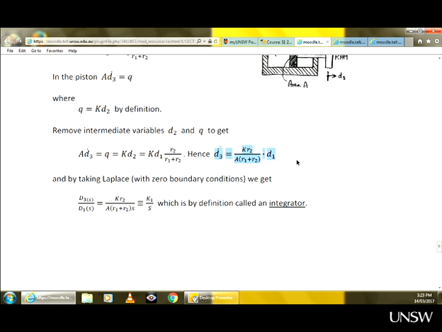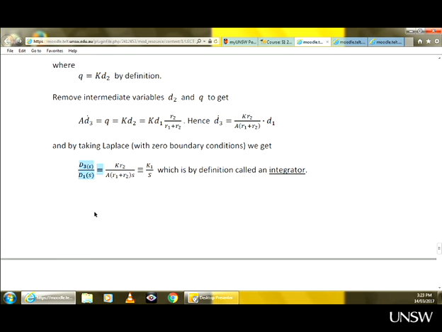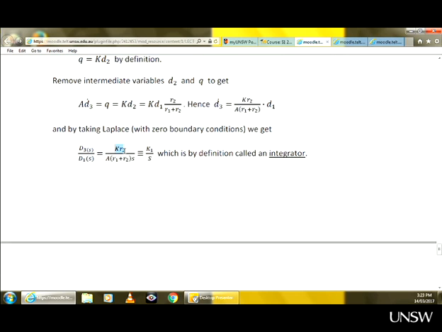Laplace transform of the left-hand side equals the Laplace transform of the right-hand side. Over here, it's S times D3. Over here, everything is a constant, times D1. So D3 over D1 in the S domain is now equal to K R2 over A times R1 plus R2, and you have S here due to the dot over here.